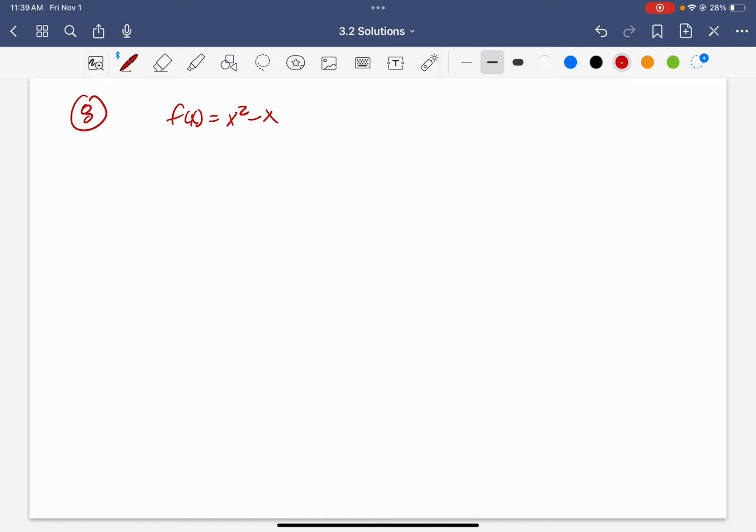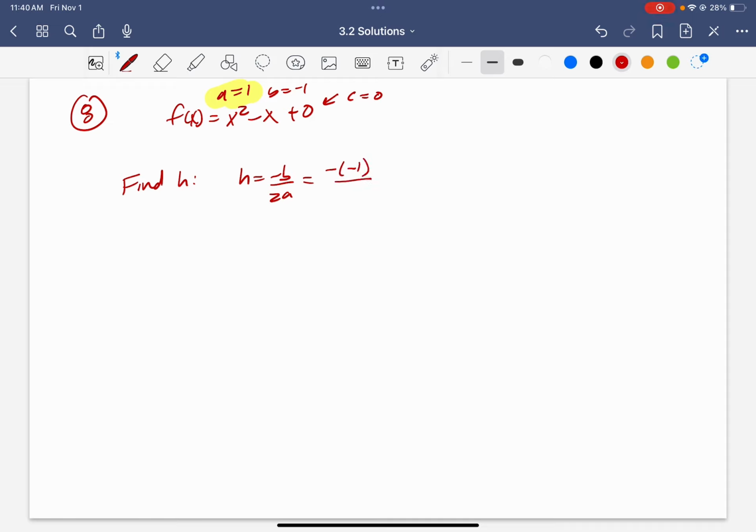For here, if this is my function, I think that we're saying that a is 1, b is negative 1. And since it wasn't there, c is 0. So I'm going to say that I already know a, and I'm going to say find h. That's, again, negative b over 2a.